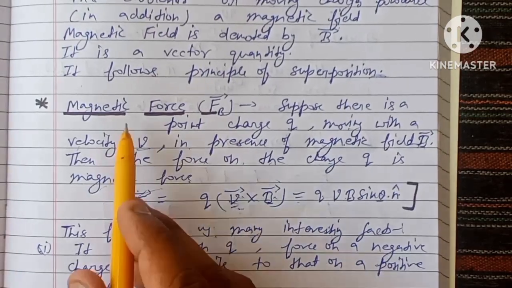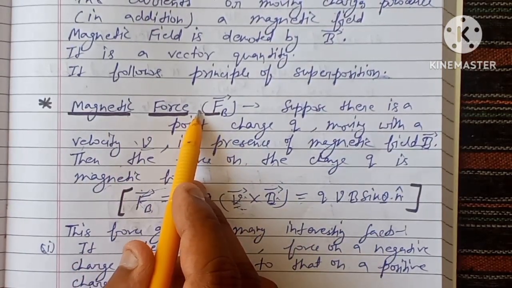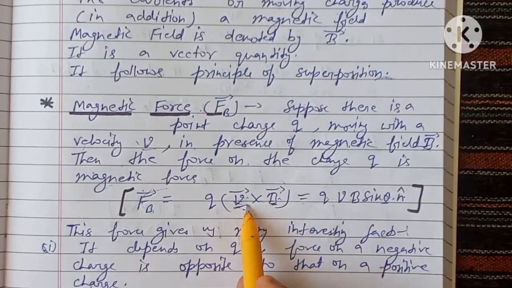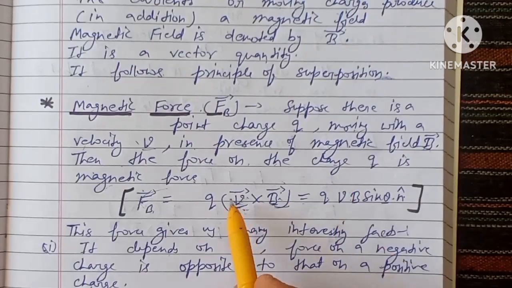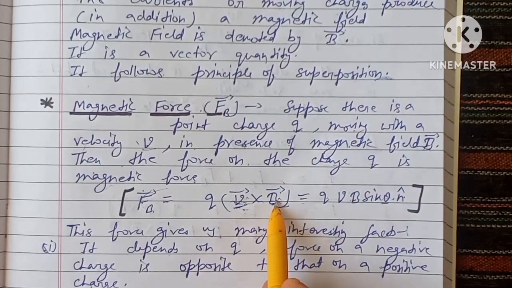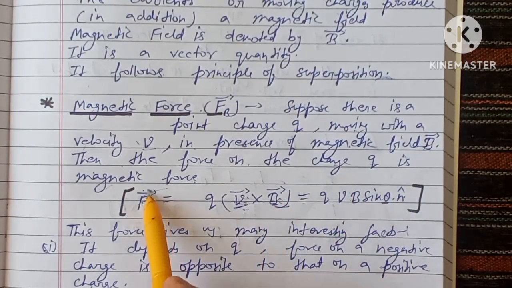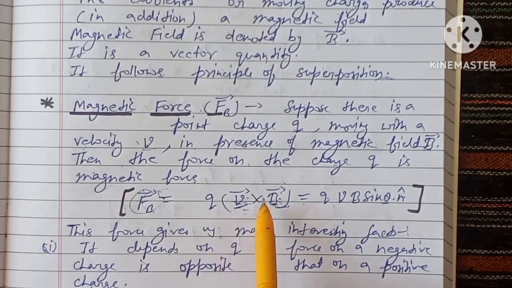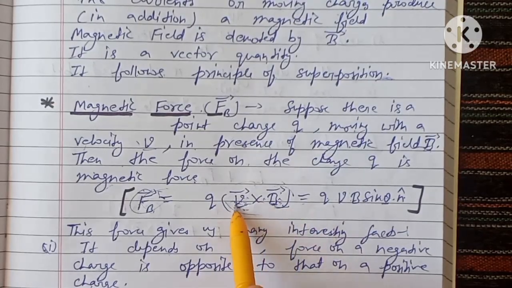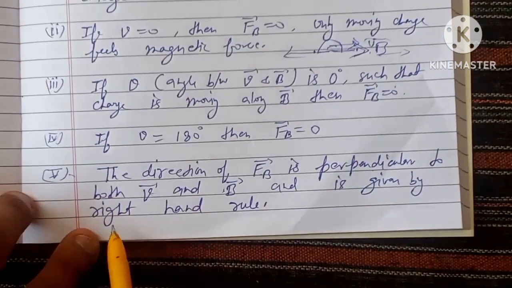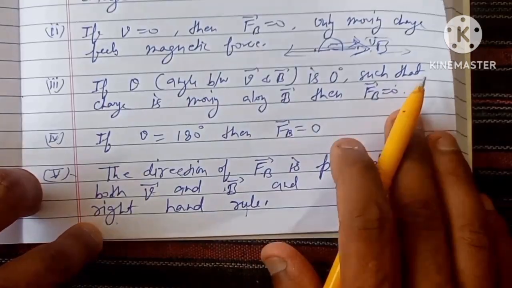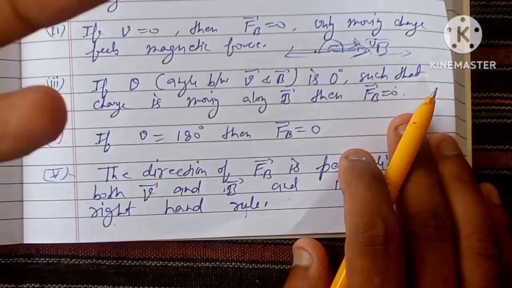So the direction of magnetic force will always be perpendicular to both V and B. It doesn't matter whether these two are perpendicular to each other or not, the force exerted by the magnetic field will always be perpendicular to both the magnetic field as well as the velocity of the moving charge. And the direction of this force is given by the right hand rule. We will further discuss in our problems how to apply this right hand rule.